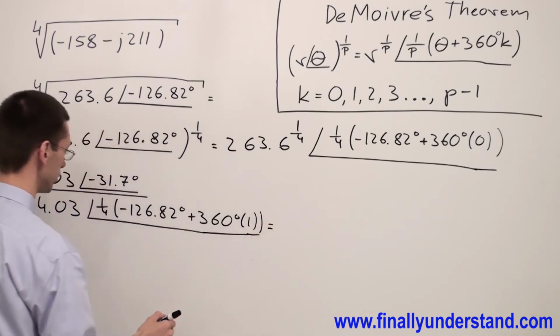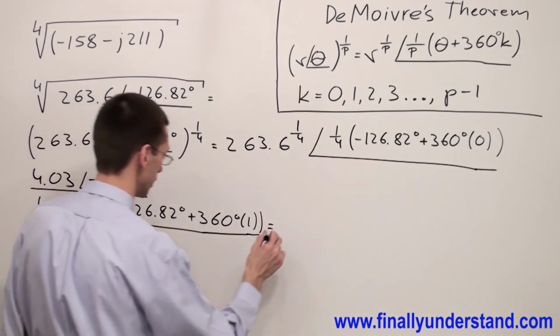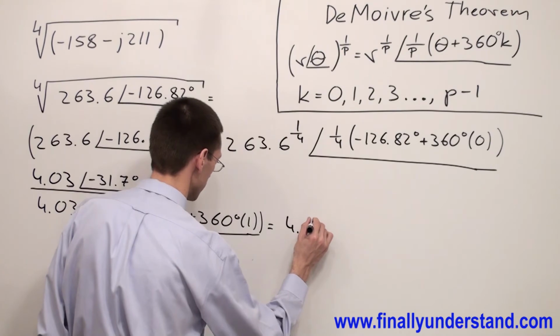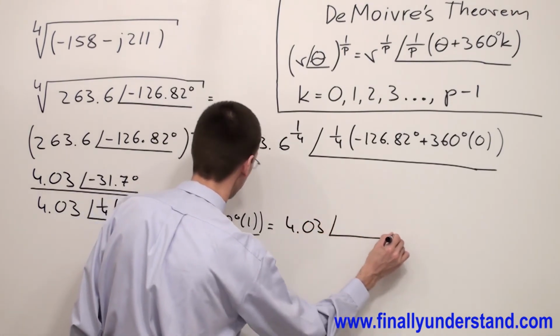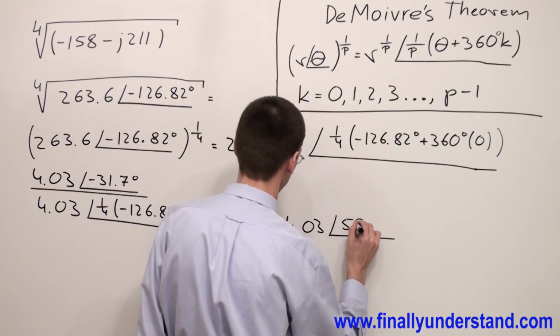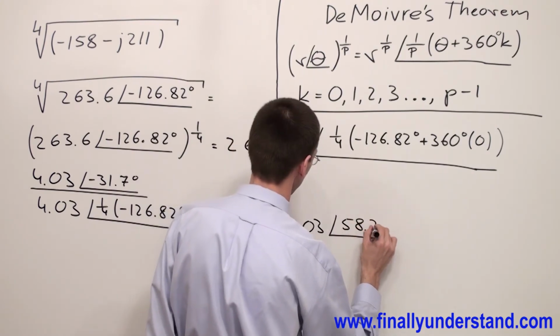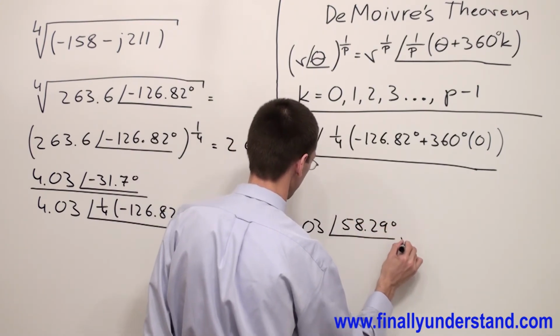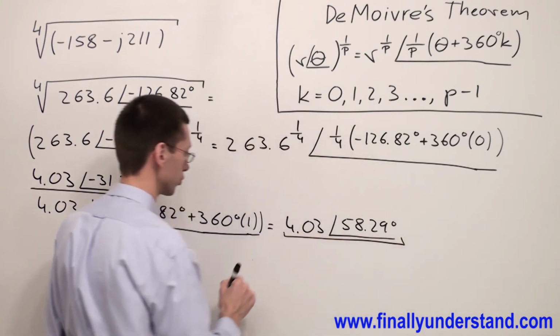Okay, if you are going to use the calculator, you're supposed to get 4.03 and angle of 58.29 degrees. This is my second root.